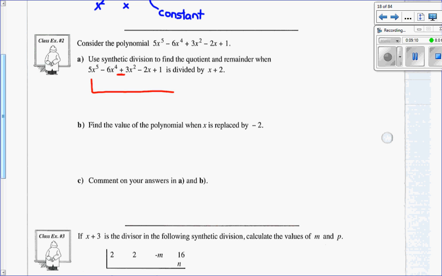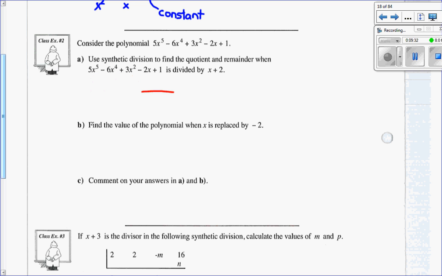I'm going to put in the coefficients of the x terms. So I've got 5, negative 6. Then I have to remember that there's going to be a 0 because I have a 0x cubed term.